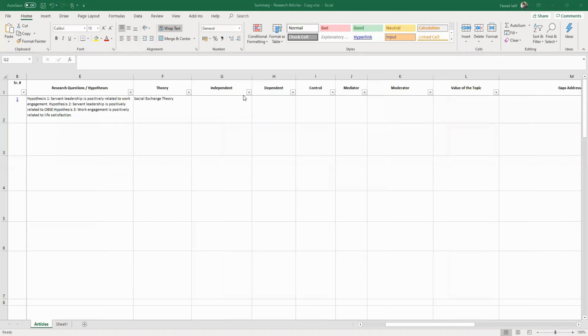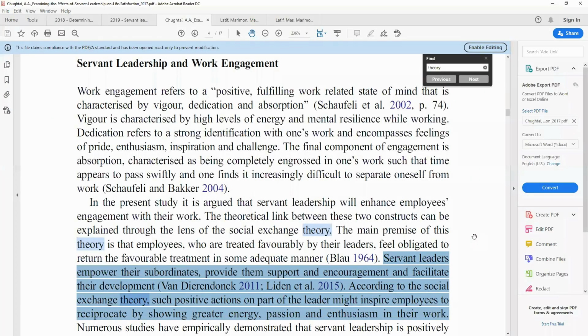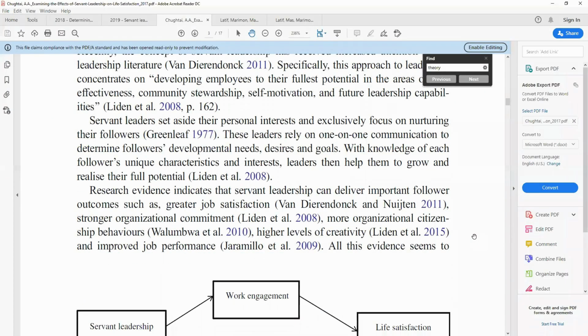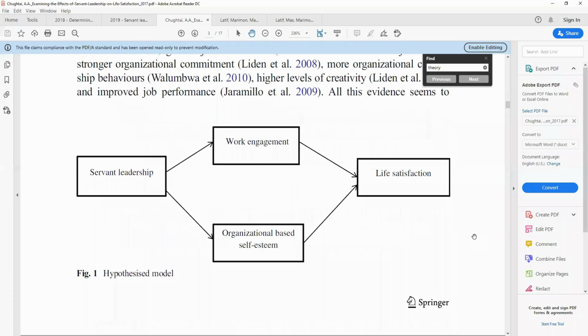If we go into the schematic diagram and look here, this clearly elaborates which is the independent variable. In this case, this is our independent variable. In this case, this is our mediator. This is the other mediator, and this is the dependent variable.